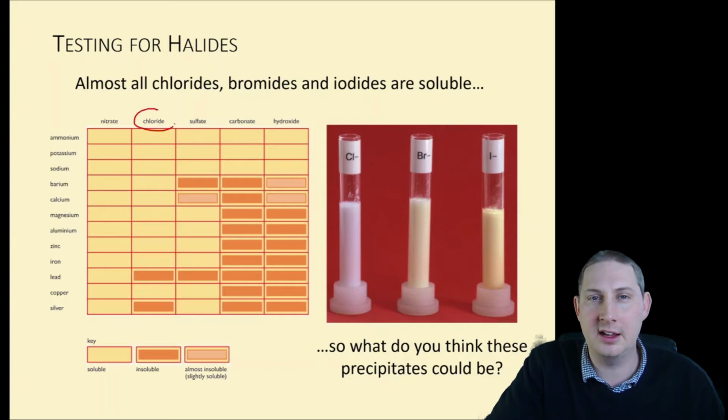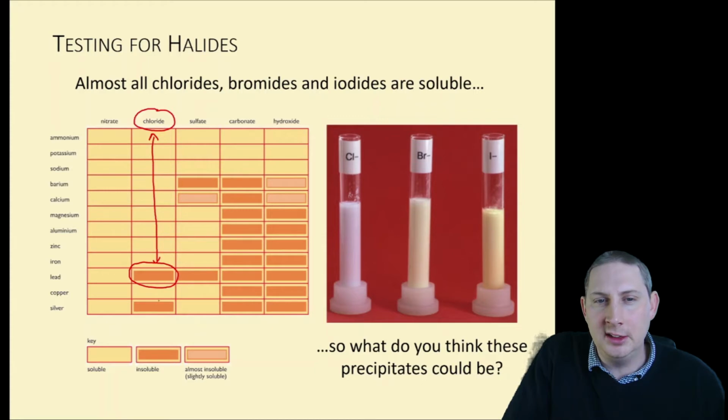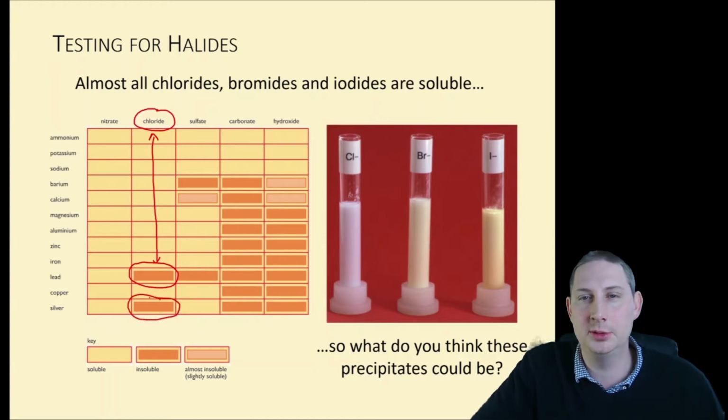Halides, like the chlorides here, almost all of them are soluble, as you can see down here, with a couple of exceptions. Lead chloride, lead bromide, lead iodide is not soluble. Silver chloride, silver bromide, silver iodide is insoluble.